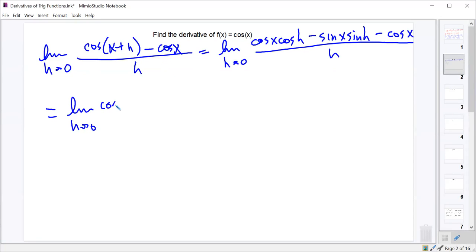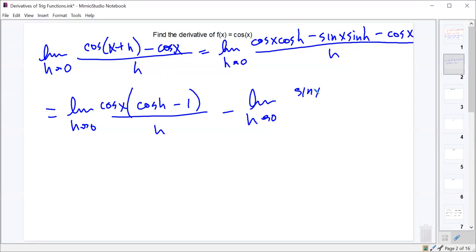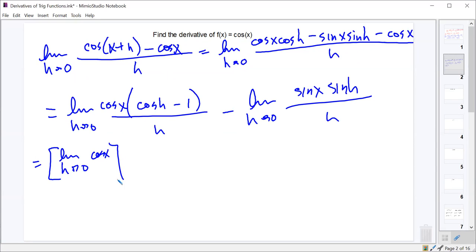So we got the limit as h approaches 0 of cosine x times (cosine h minus 1) over h, and then minus the limit as h approaches 0 of sine x sine h over h. And this looks very similar, right? Make this the limit as h approaches 0 of cosine x and the limit as h approaches 0 of (cosine h minus 1) over h.